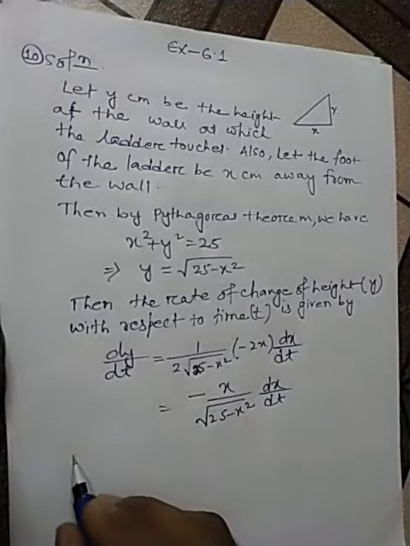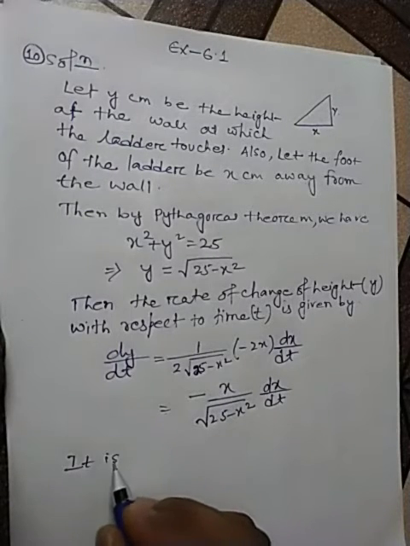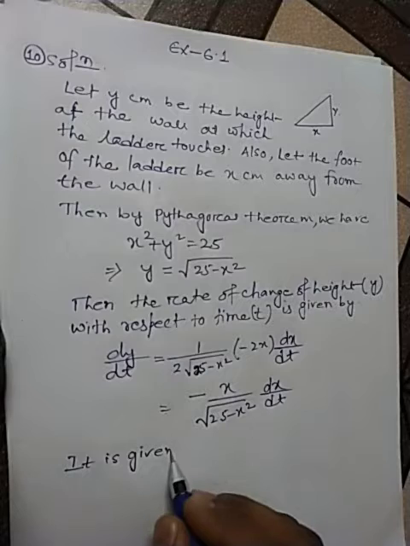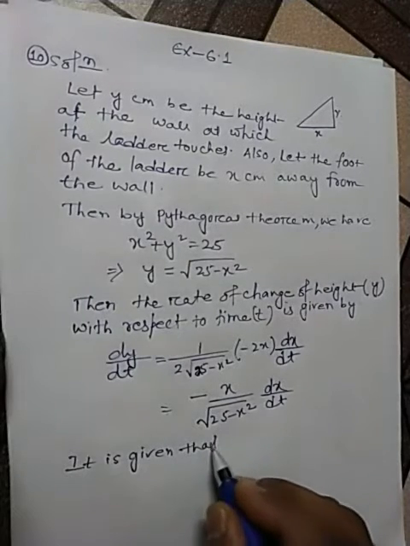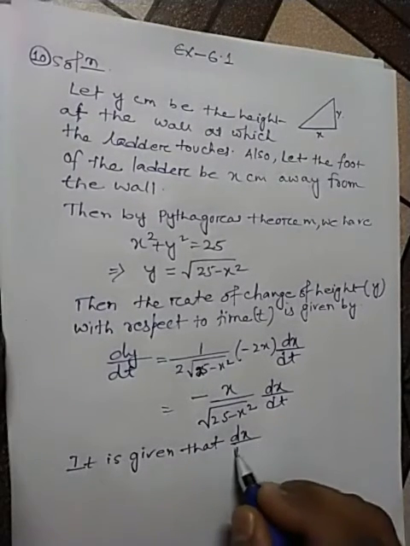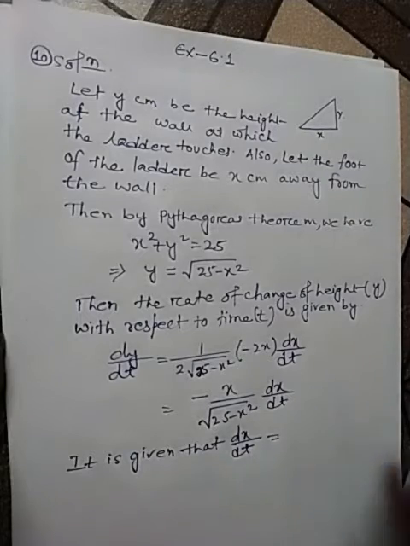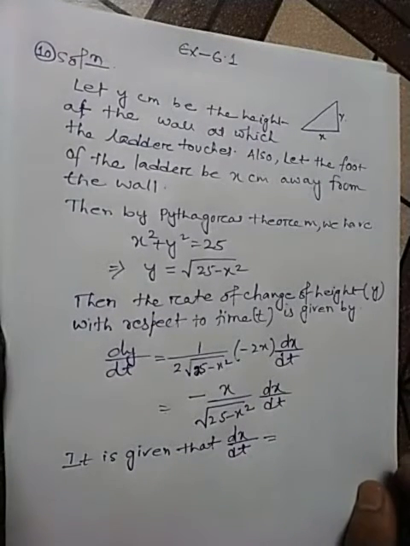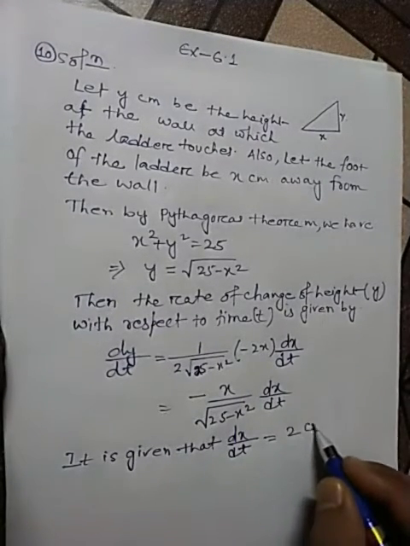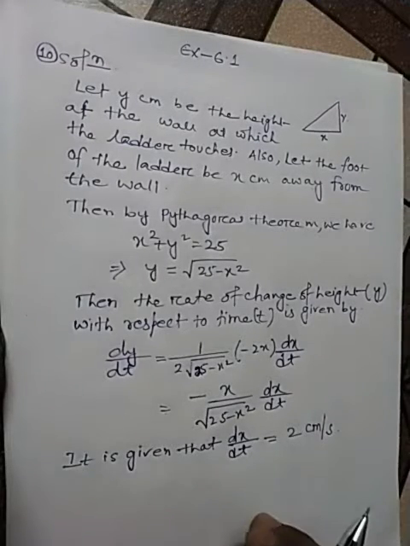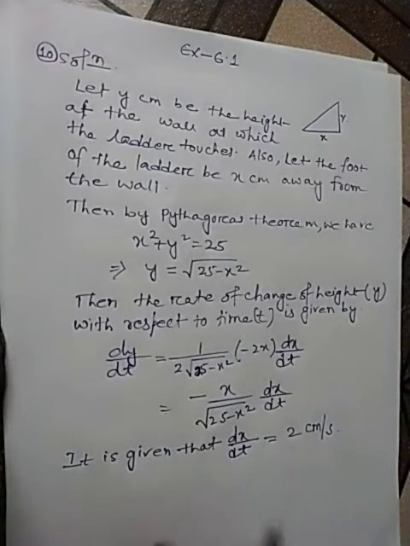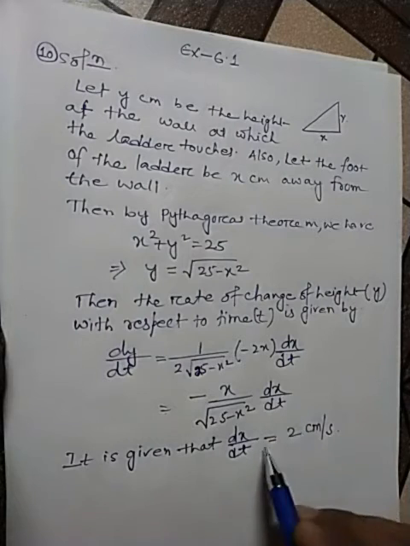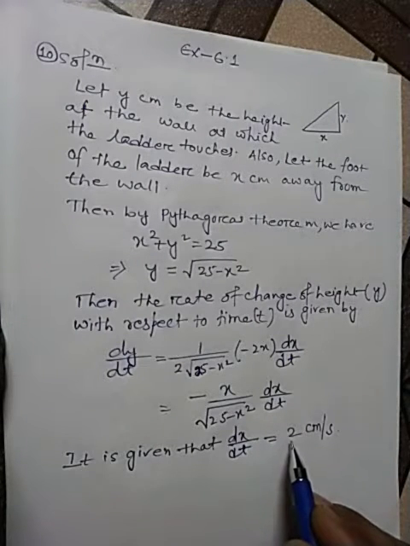Also it is given that dx by dt equals 2 centimeter per second. So replace dx by dt with 2.